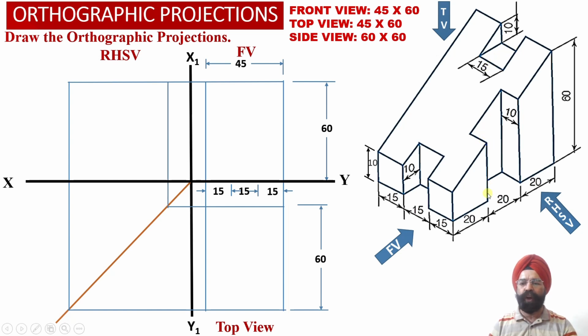Similarly, corresponding to the second slot, we know that this is the width of the slot over here, which is equal to 10 millimeter. But the height of this particular edge of the slot is not provided to us. Similarly, the height of this vertical edge of the slot has also not been provided to us over here. So these are two missing dimensions in this problem.